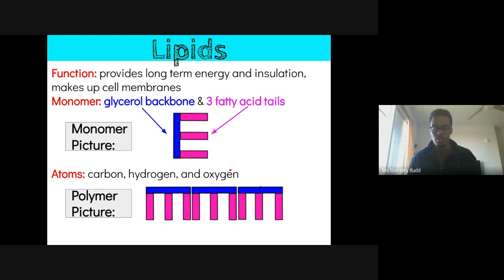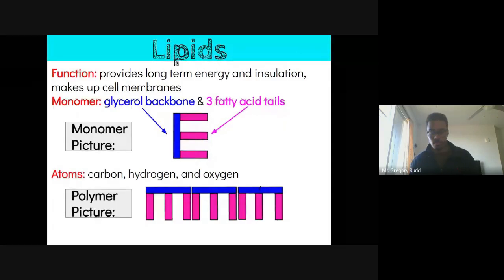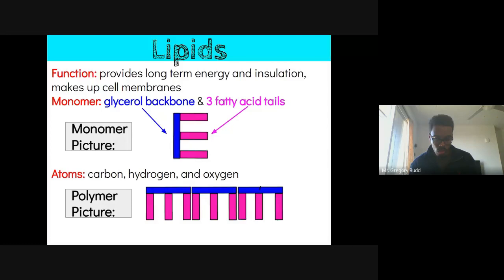There's no specific ratio for a lipid. All right, so please make sure you get these 3 things and maybe even the pictures written down.